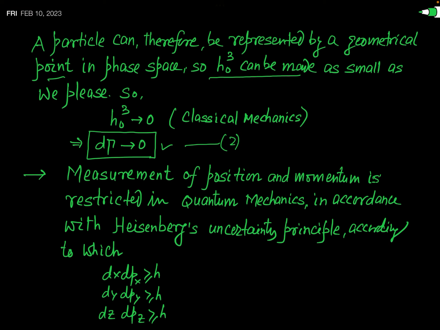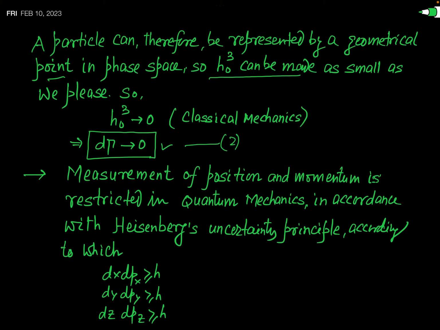But when you talk about the quantum system, or when you deal with the same problem in terms of quantum mechanics, what will happen? Actually, our nature does not behave classically, but the behavior of nature is governed by quantum mechanics. Okay. And in quantum mechanics, you know, according to the Heisenberg uncertainty principle, the measurement of position and momentum is restricted.